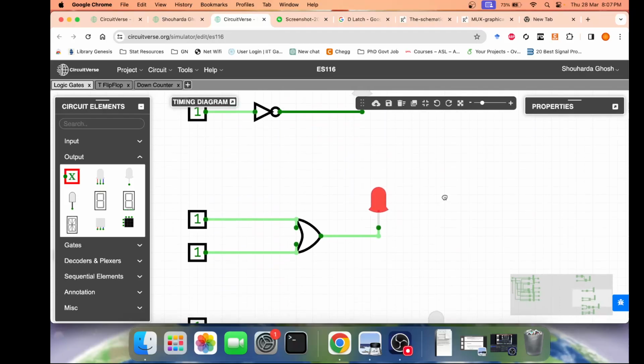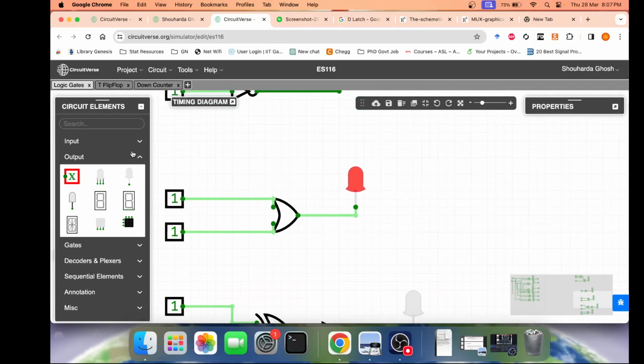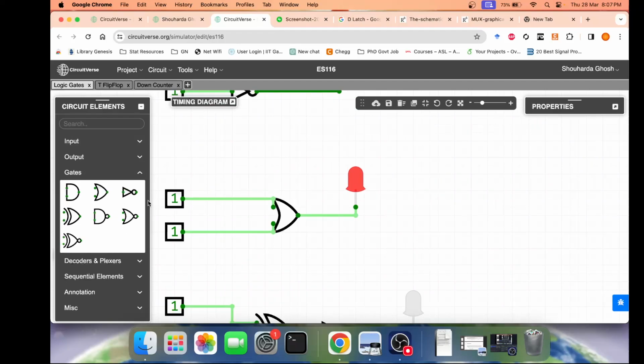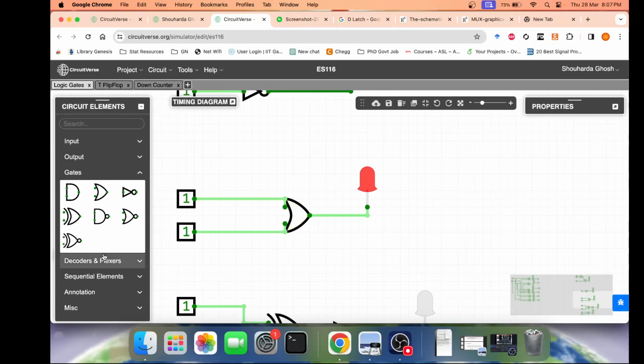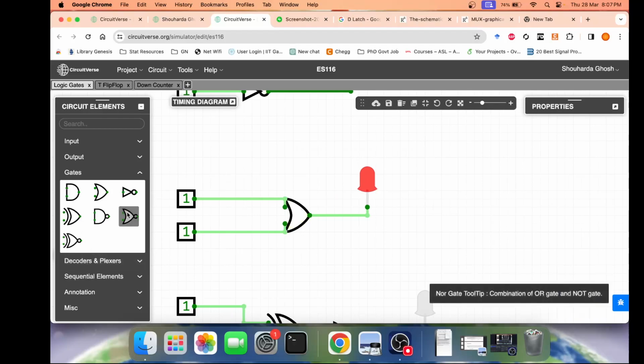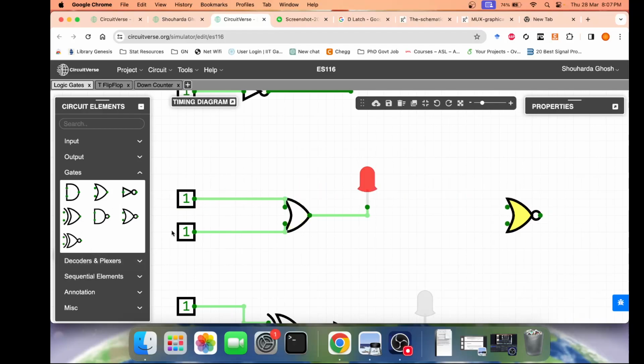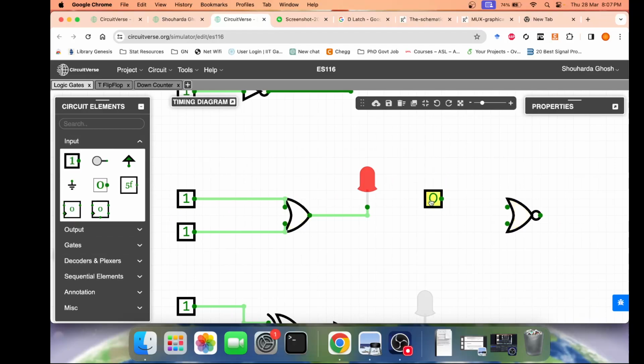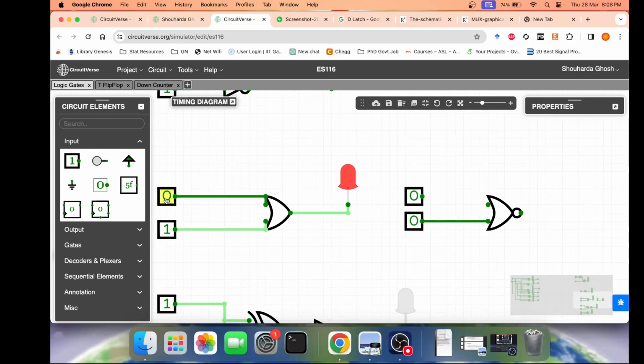Now there are similar versions for the AND and OR gate. So for example, you can see the OR gate over here. Now there is something called the NOR gate. These are my inputs to the NOR gate.